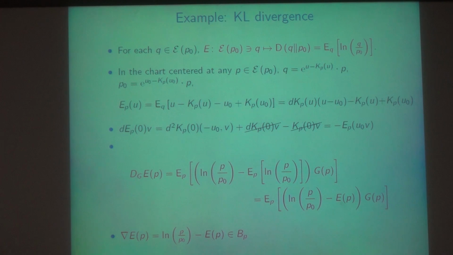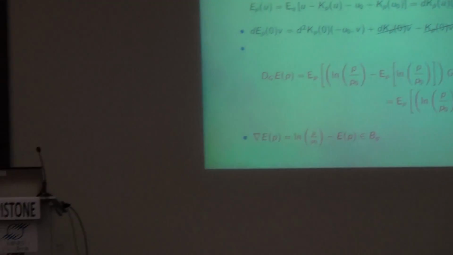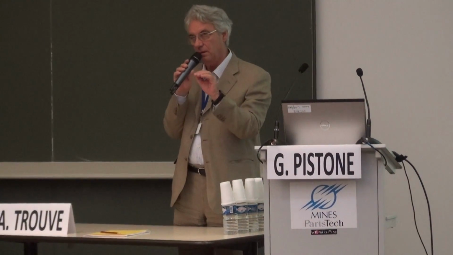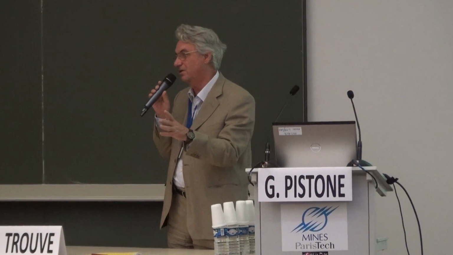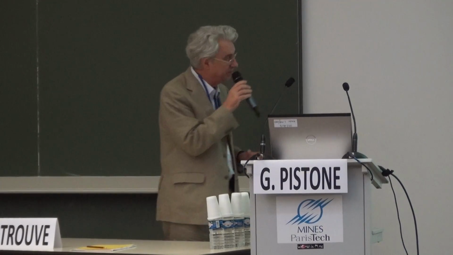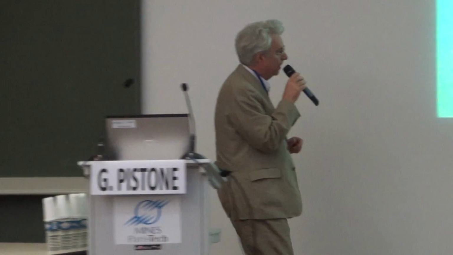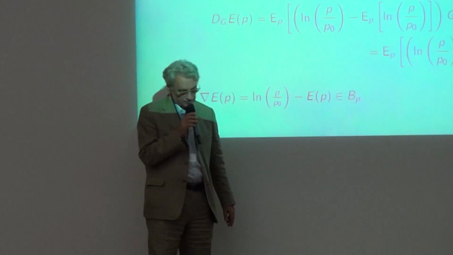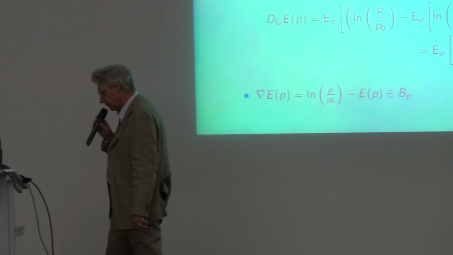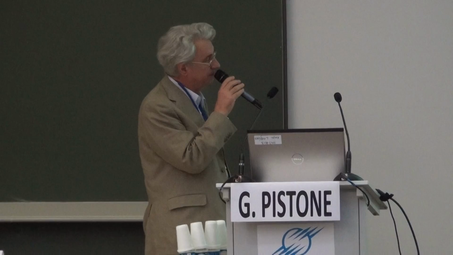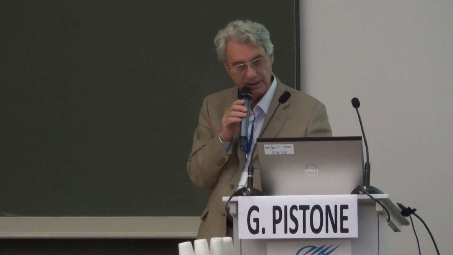In general the covariant derivative is an element of the dual of the Orlicz space, so it's not a function. But in this case, it is a function because it is the logarithm minus the value of the divergence. So I have a formula for the gradient.